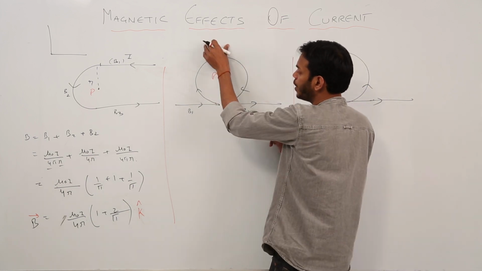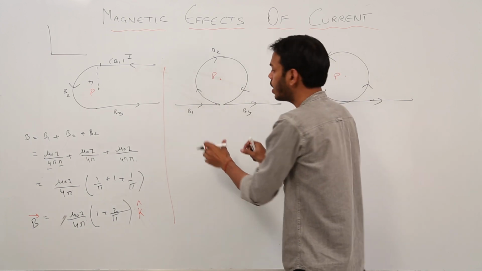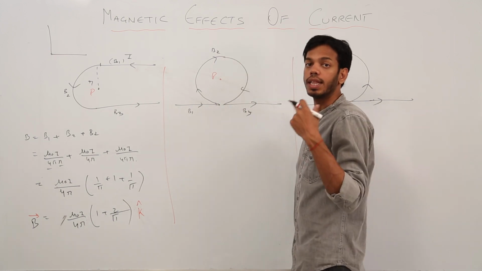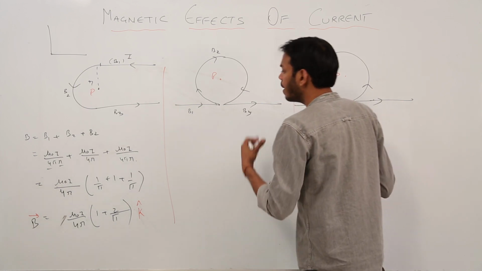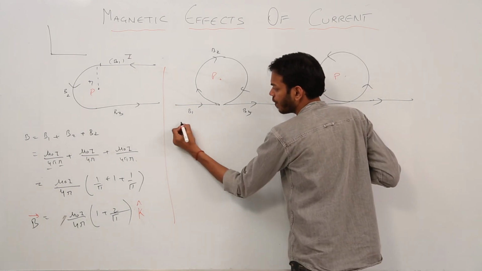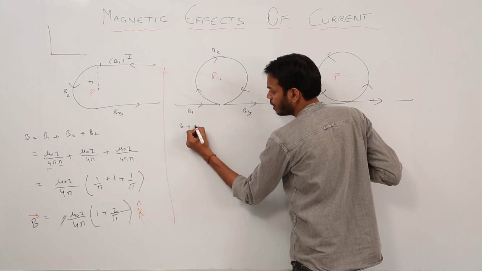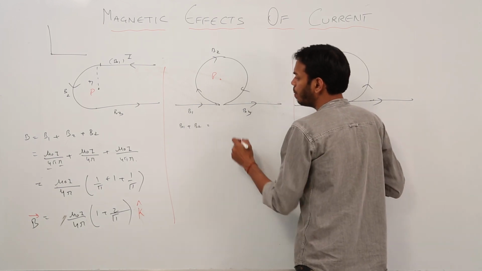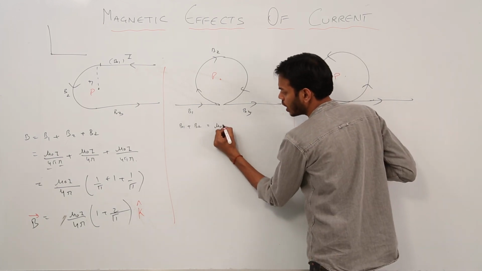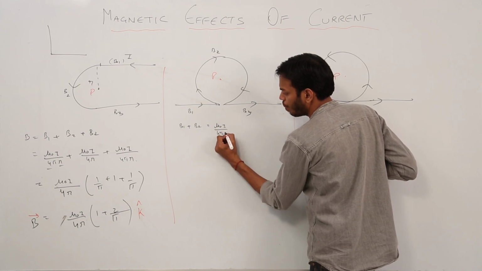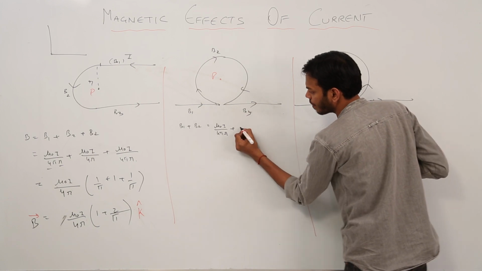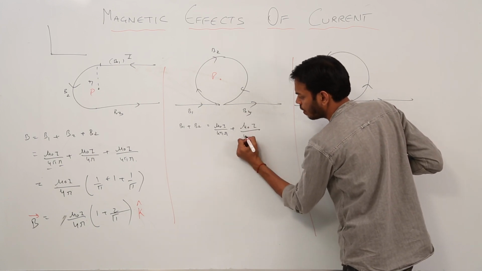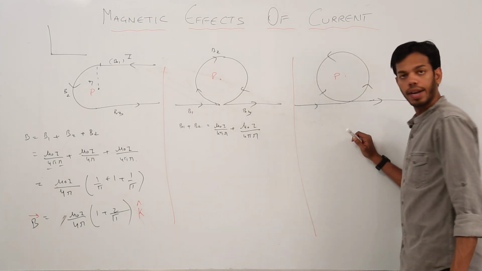But which, B2 minus B1 plus B3 or B1 plus B3 minus B2? This can be obtained only when we know which is greater, which is less. So first find out what B1 plus B3 is. B1 plus B3 is mu naught I upon 4 pi r, for this semi-infinite, plus mu naught I upon 4 pi r for this semi-infinite, right?